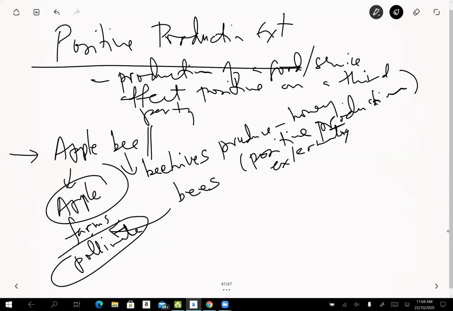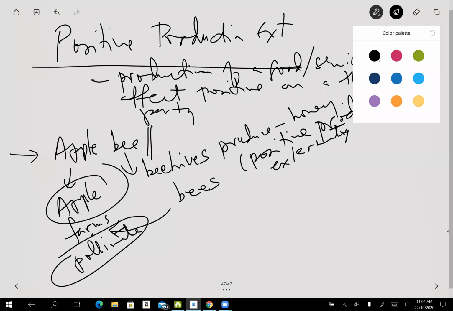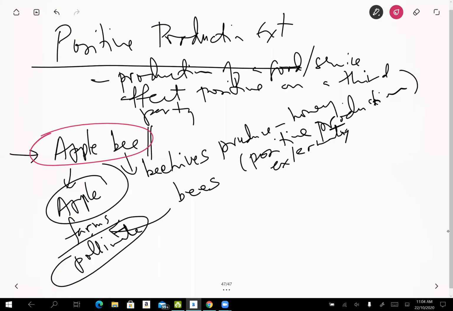So that is a positive production externality. The classic example is the apple bee example. All right, so what do you have here? Here it's production. When you look at production, you are looking at the cost to the producers.